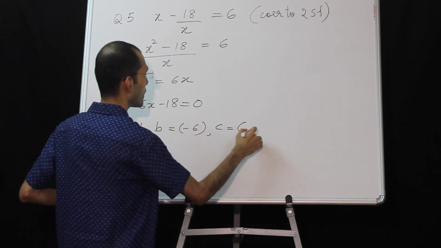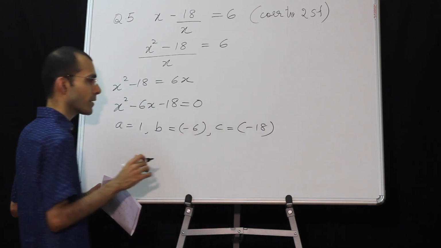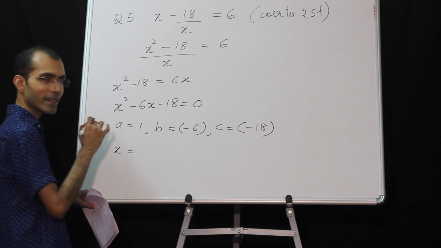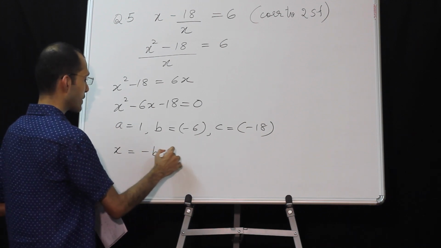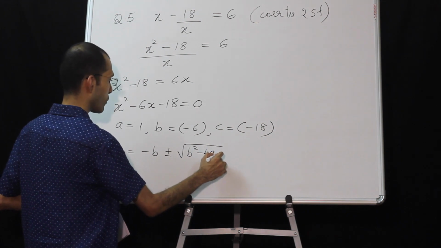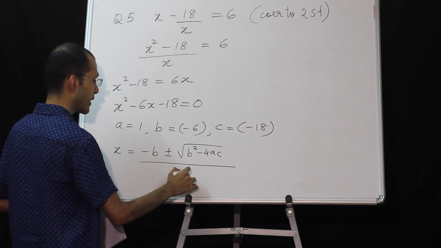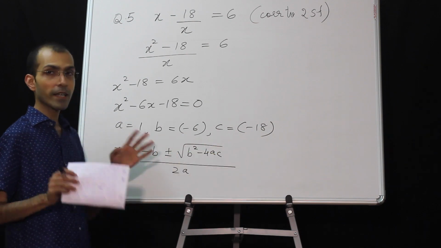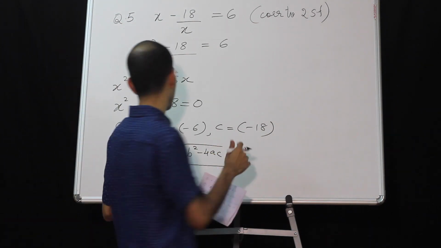What is C? Minus 18. As usual, apply the formula, but here we will write now x equaling minus b plus or minus root of b square minus 4ac, the whole divided by 2a. Remember the tip, square root sign and the upon sign properly stretched.